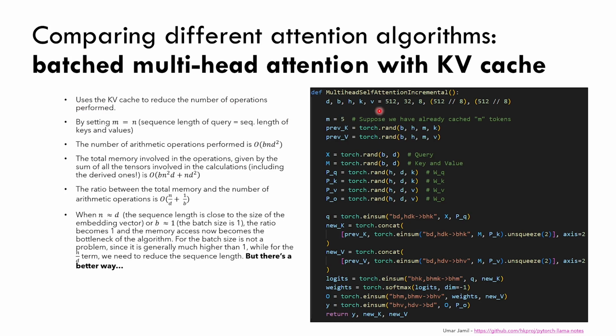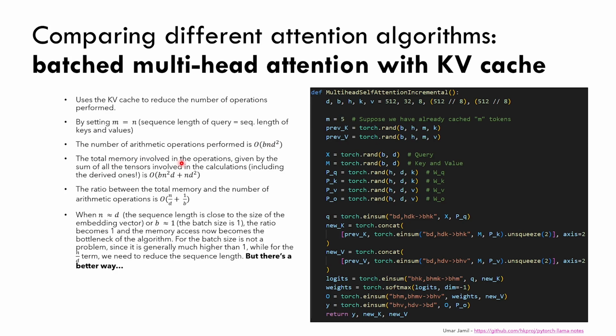So this algorithm here is the multi-head self-attention, but using the KV cache, and this reduces the number of operations performed. If we look at the number of arithmetic operations performed, it's b n d squared.